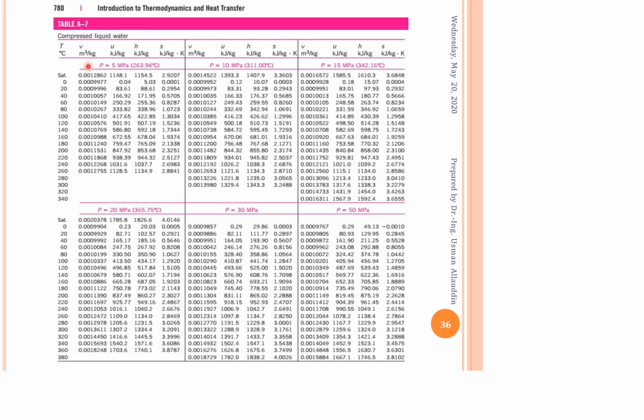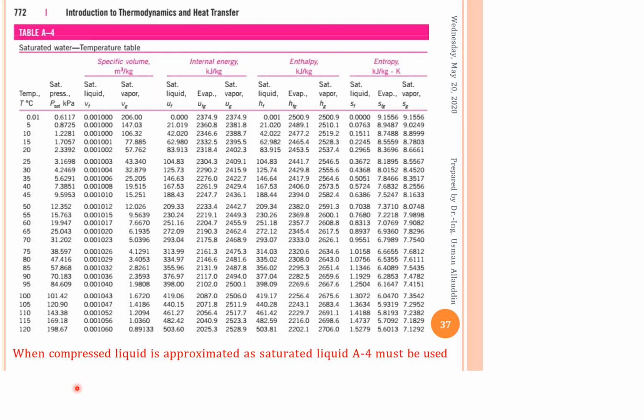So if your pressure is not in table A6 as well, then you will look into table A7. Here we have the temperature and here we have the pressure. There are some conditions that we just studied, and if any condition is satisfied, then you will look into table number A7. Here it is written: when compressed liquid is approximated as saturated liquid, A4 must be used.